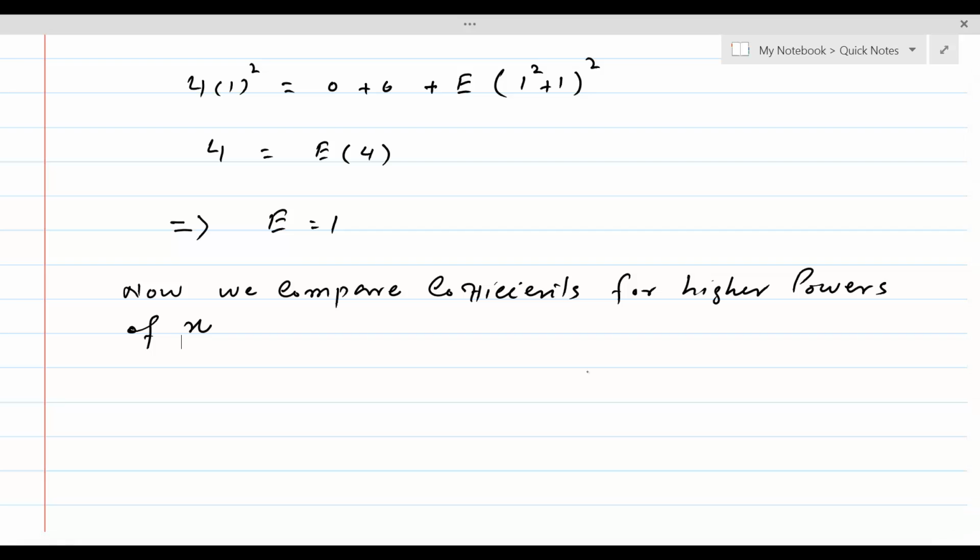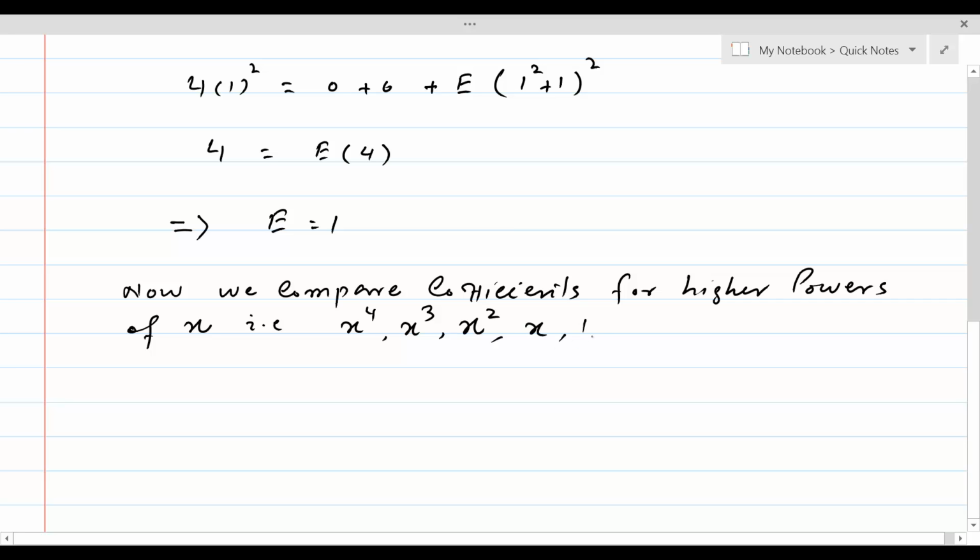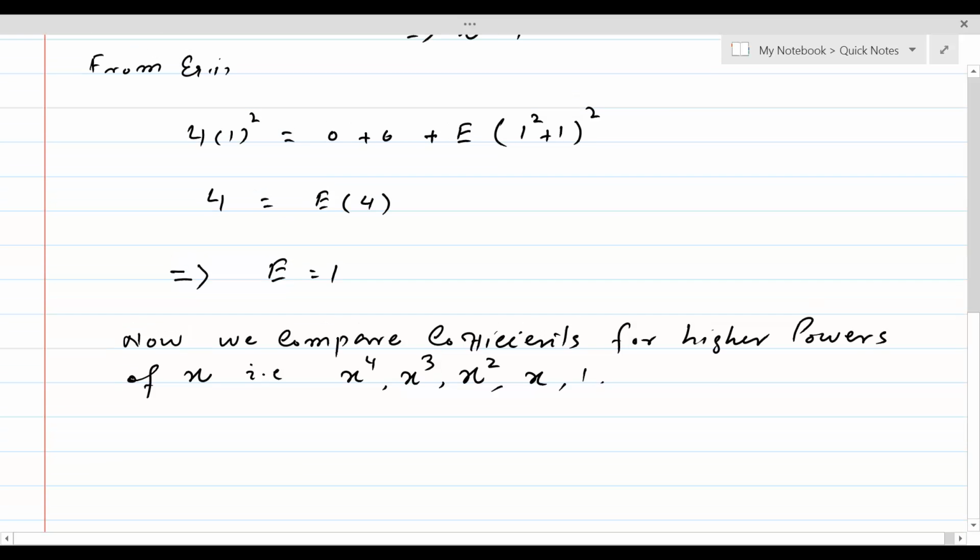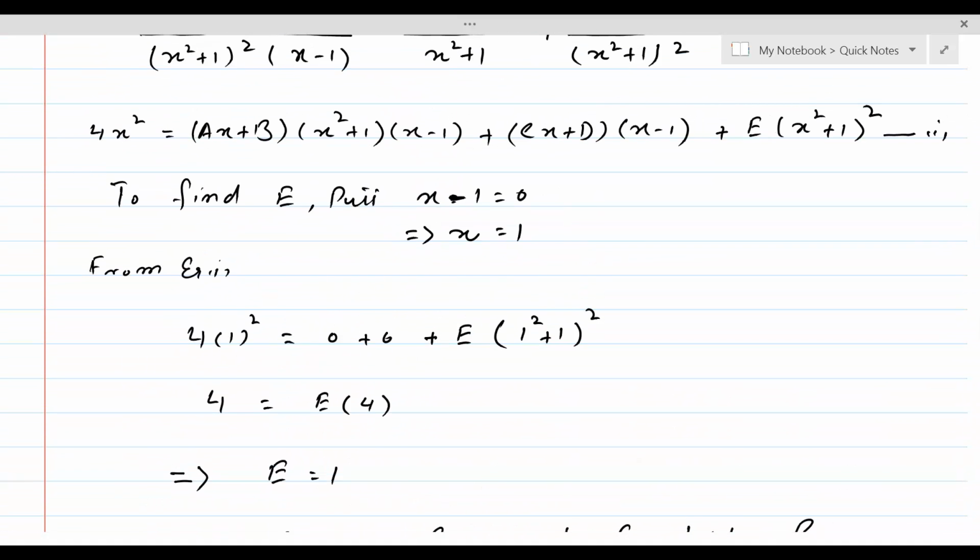So we are going to compare the coefficient of x⁴, x³, x², x, and if necessary, then the constant as well. But before we do that, we should first of all expand those terms so that comparison of coefficients is easier.